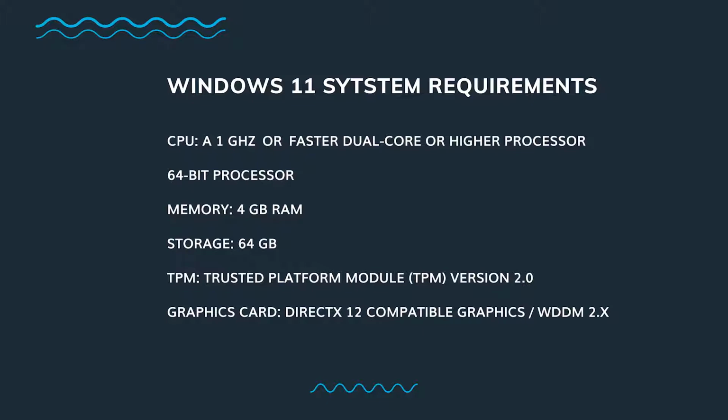You need 4 GB of RAM, 64 GB of storage, a DirectX 12 compatible graphics adapter, and TPM 2.0. Obviously, none of these requirements is too demanding, so chances are that your computer is most likely going to be compatible.